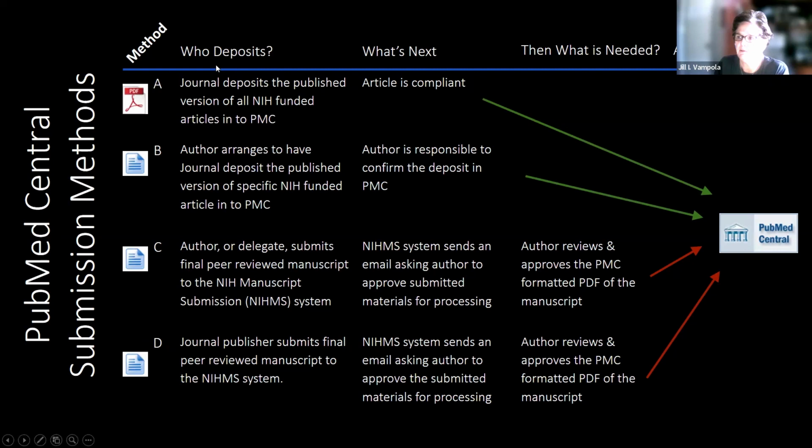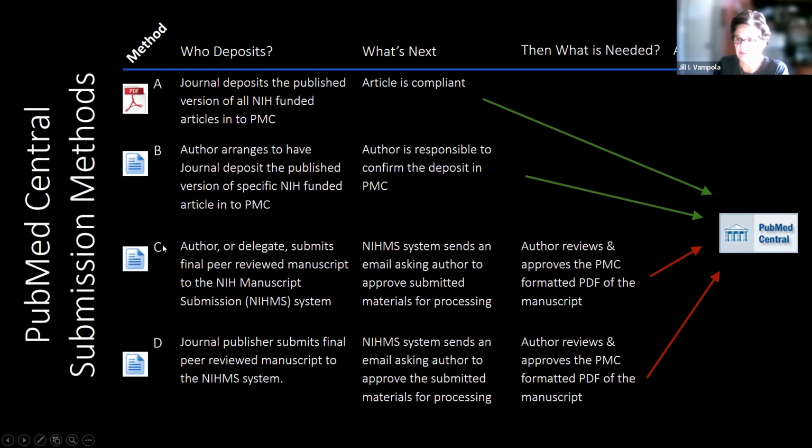I don't know the exact percent, but it's not a large amount. For method B, the author arranges to have the journal deposit the published version of the specific NIH-funded article to PMC. So basically it comes down to the author being responsible to confirm the deposit in PMC.